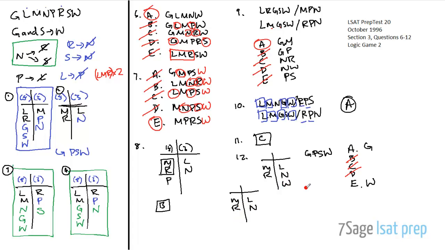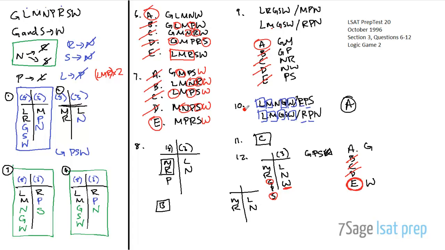Let's see if we can put it out, right? Well, if we put it out, that's 3 elements here, which means that G, P, and S all have to go in the in slot, except hold on a second, wait a second, right? G and S. If G and S are in, that implies W is in, but W is out. So it does seem that W has to be in, right?